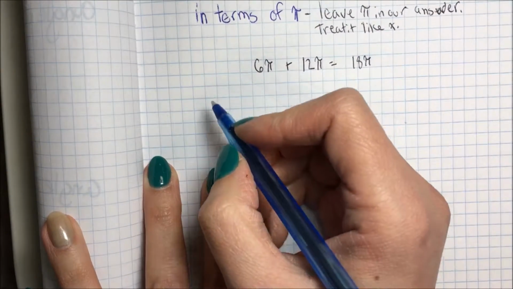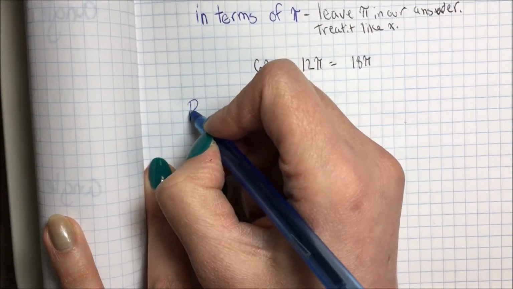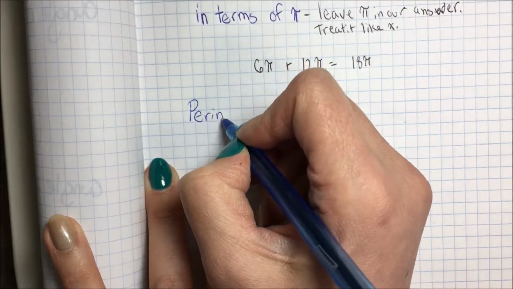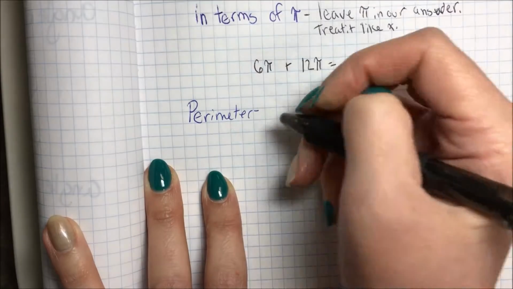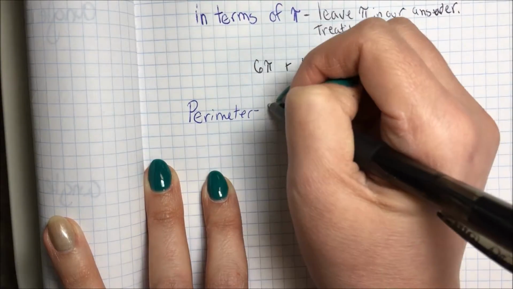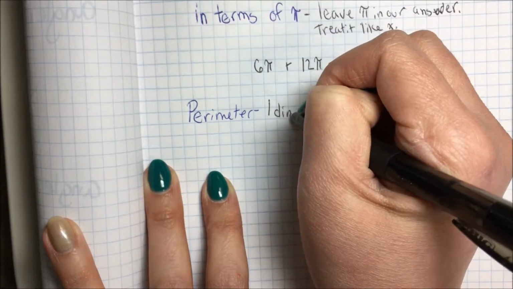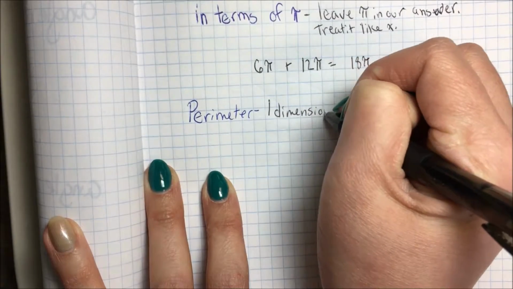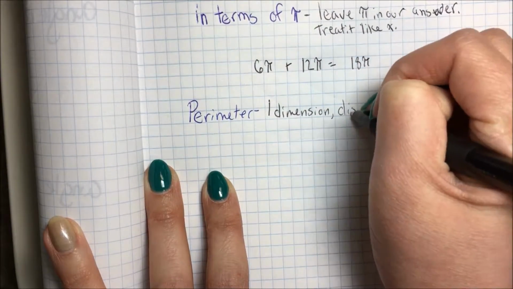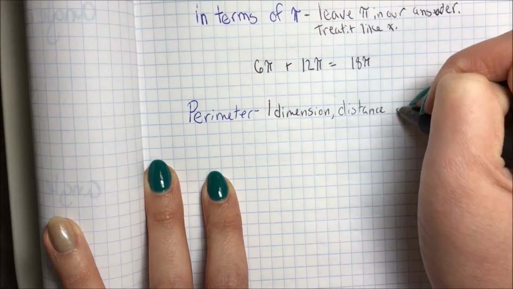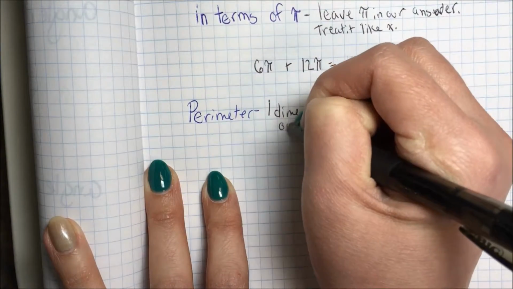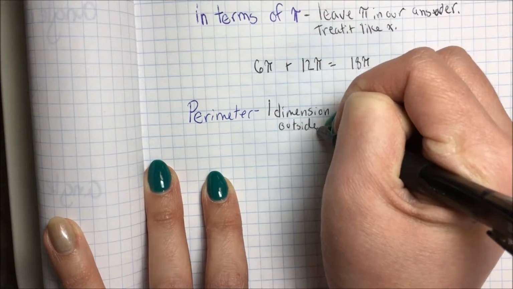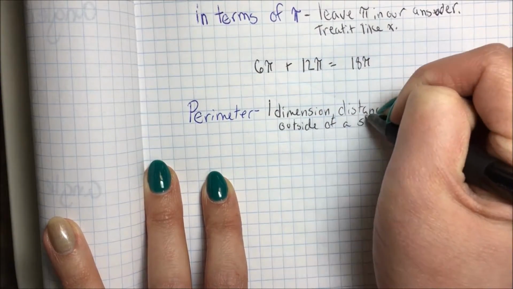We also need to know what perimeter is. Perimeter is one dimension, and it is the distance around the outside of a shape.